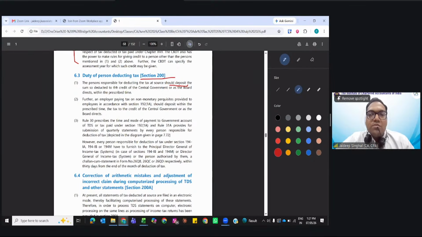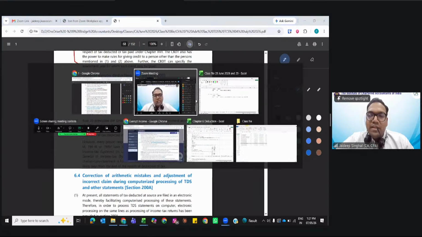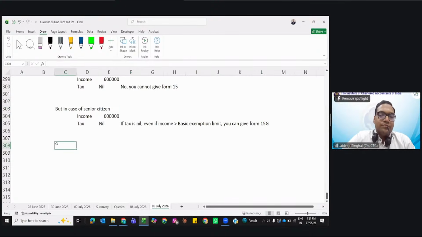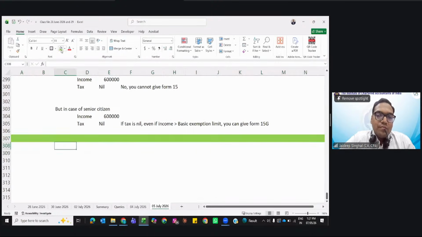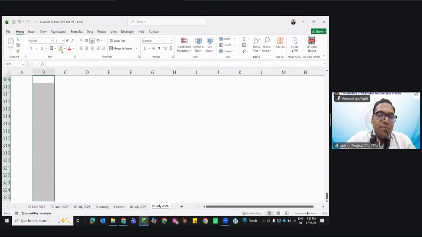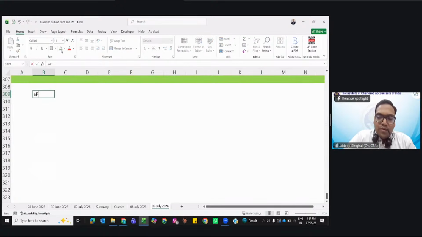Okay. So the person responsible for deducting the tax should deposit the tax. Let me tell you the due dates. Every month you deduct the tax. For April till February, these 11 months, by the 7th of the next month, you deposit TDS.